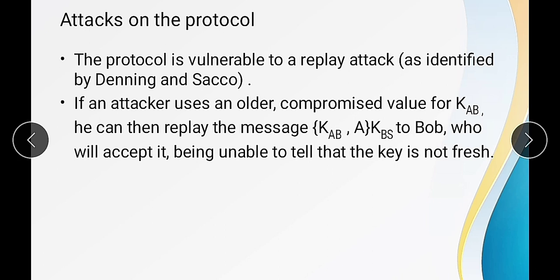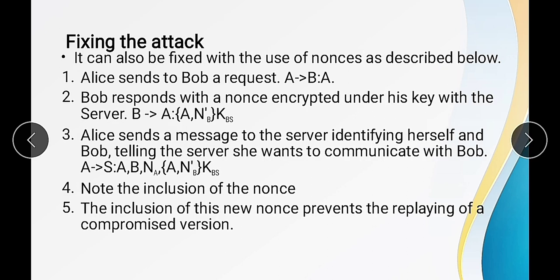Now, to prevent this attack, what steps can be used? The steps to fix this attack are given below. Here we use a nonce, as described below, to fix this problem. In the first step, Alice sends a request to Bob, that is, Alice wants to communicate with B. In the second step, Bob responds with a nonce encrypted under his key with the server.